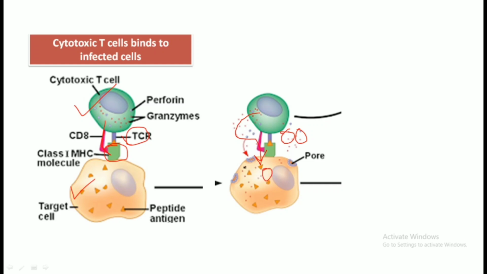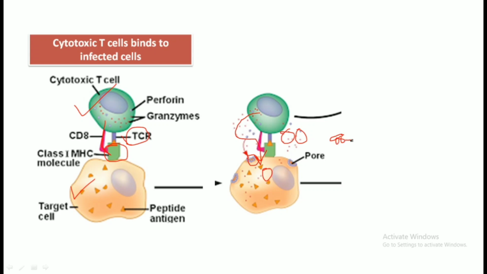The perforins create pores in the target cell, through which they move inside. The perforin now allows the granzyme enzyme to be released from the complex. Usually the perforins and granzymes remain as a complex.